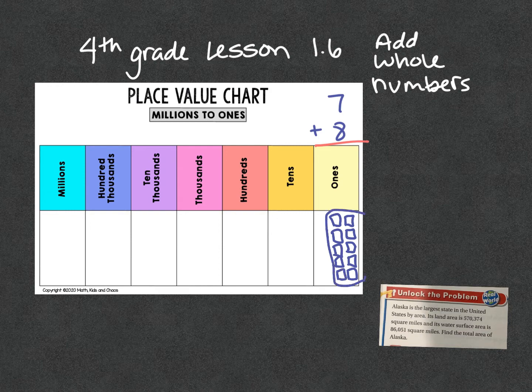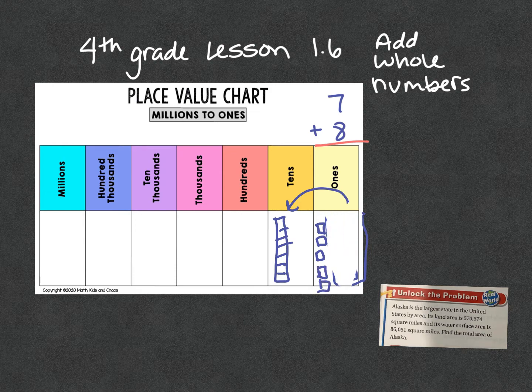I will group these together and send them over here to be a 10 rod. And then I have 11, 12, 13, 14, 15. Now I have 15, but the 10 ones cubes were grouped together and sent over, and the 5 stay here. We call that regrouping or carryover.